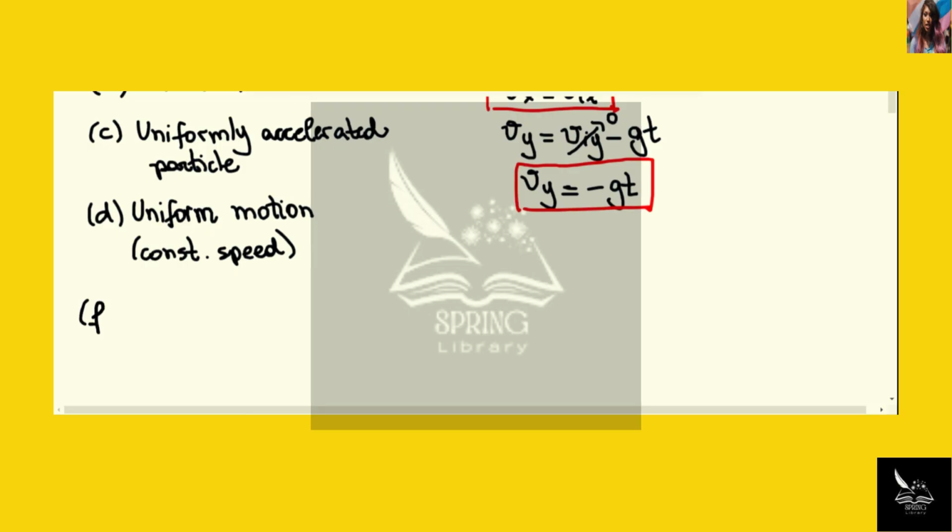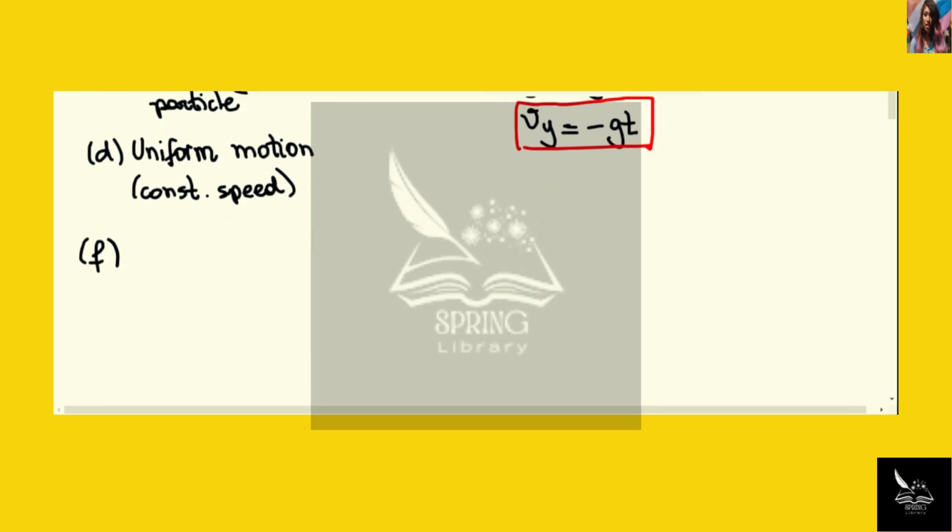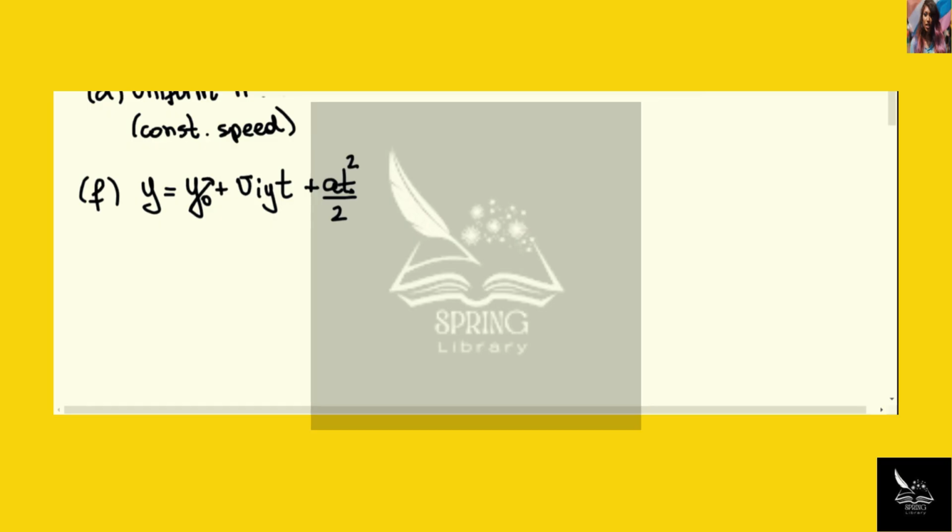In question F, we have to write symbolic equations for the position of the stone as a function of time. The position of a uniformly accelerated particle is given by y equals y0 plus v_iy t plus the acceleration over 2 times the time squared. In our case, y0 is 0 and v_iy is 0, so y is equal to minus g times t squared over 2.